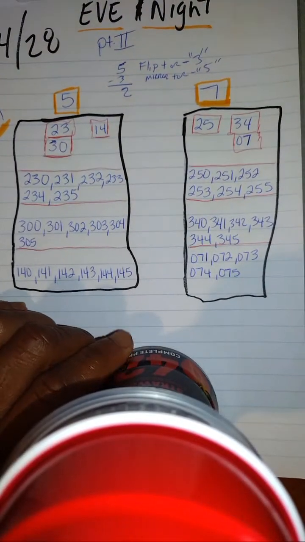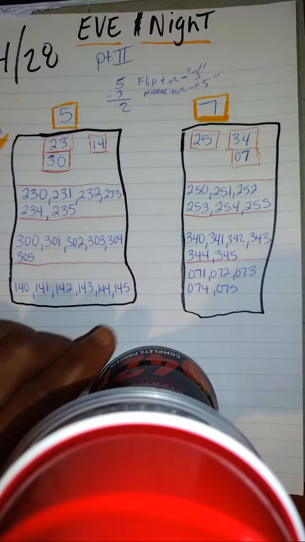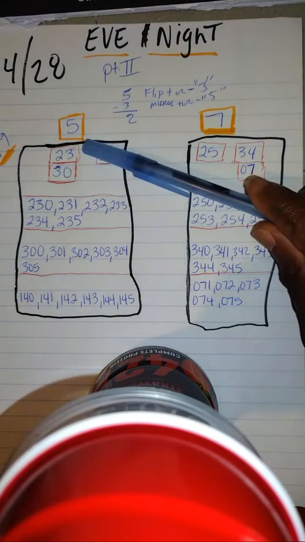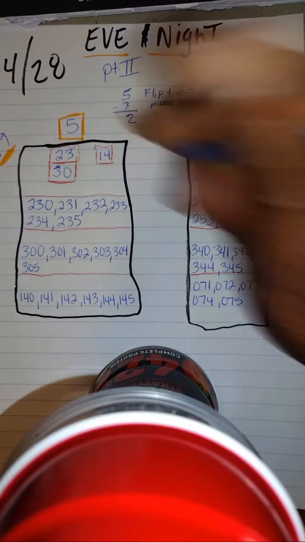And how I do my triples, I do my triples off the numbers given. I got a 5 and a 7.